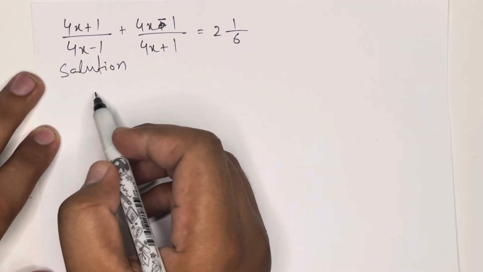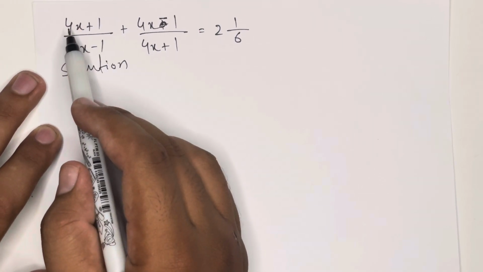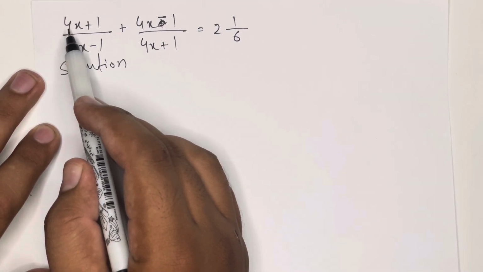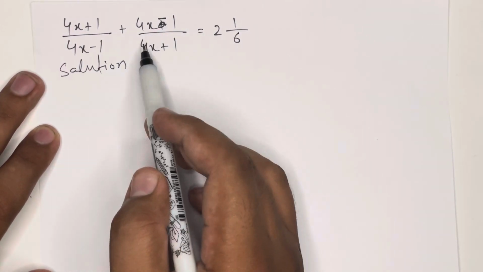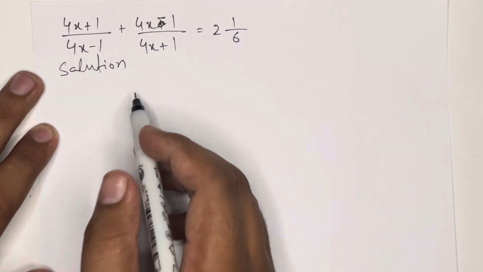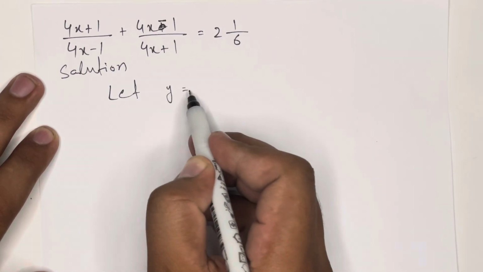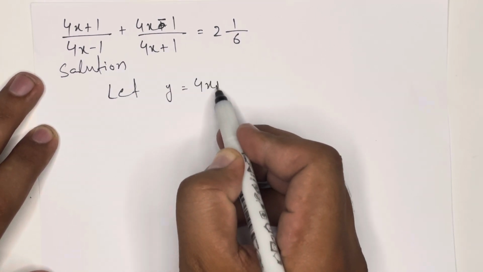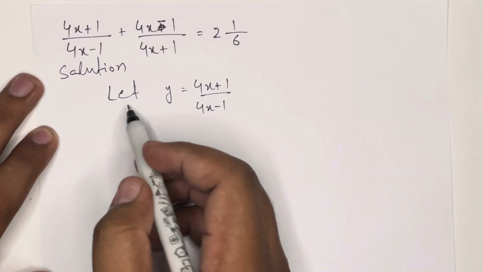First of all, I am going to let a term, because when you read the question, these two terms, (4x+1)/(4x-1) and (4x-1)/(4x+1), have a very similarity. So let y equal (4x+1)/(4x-1).